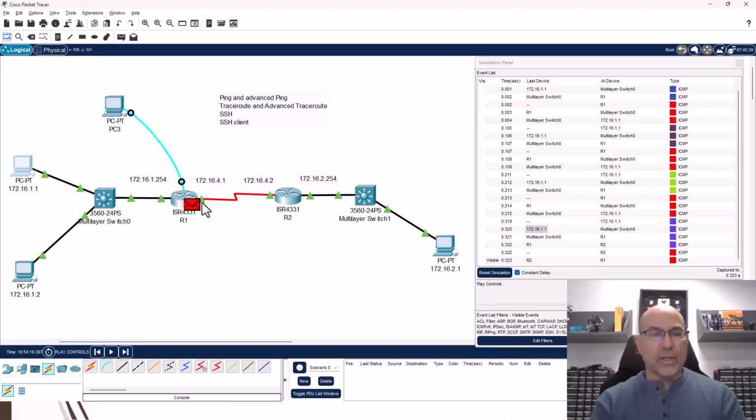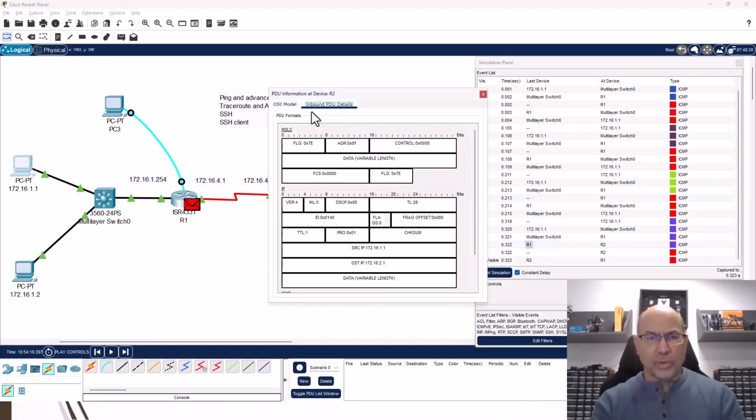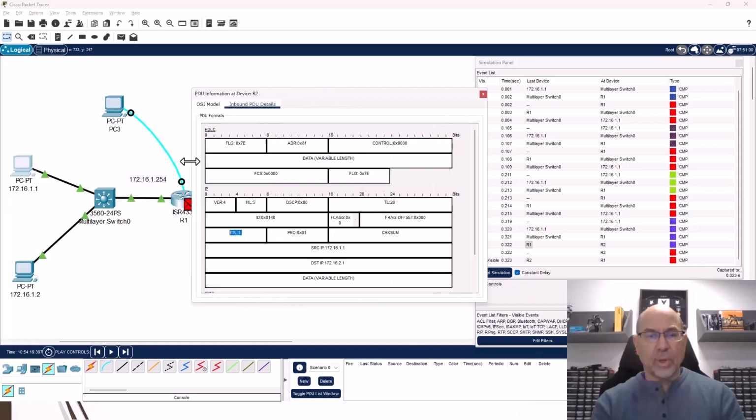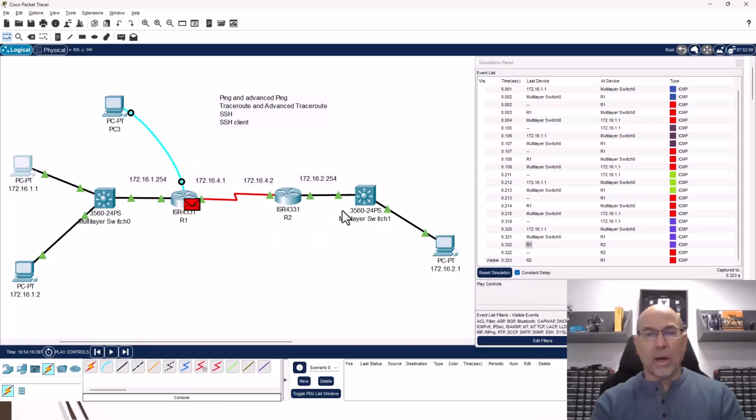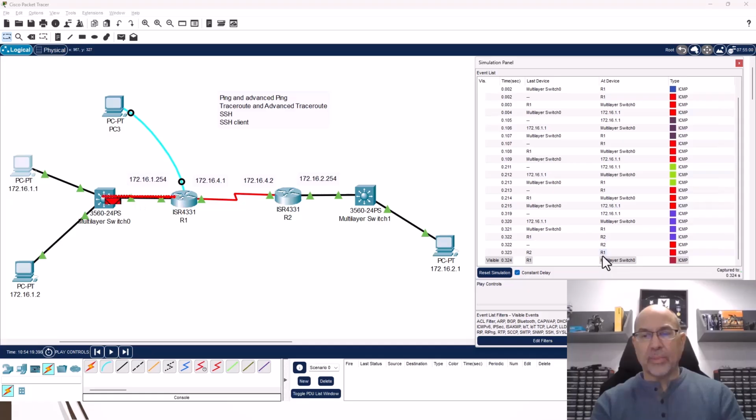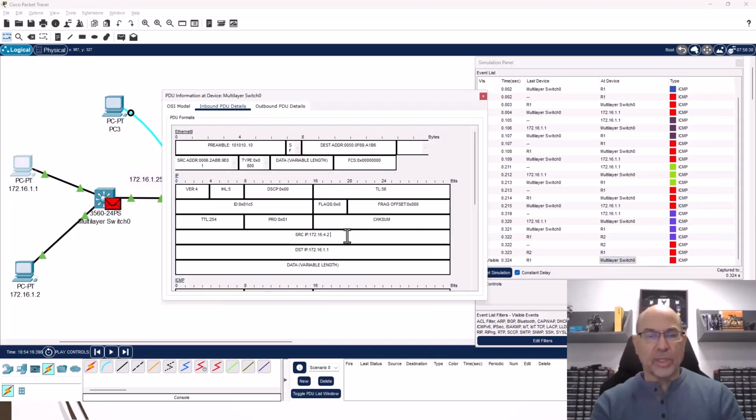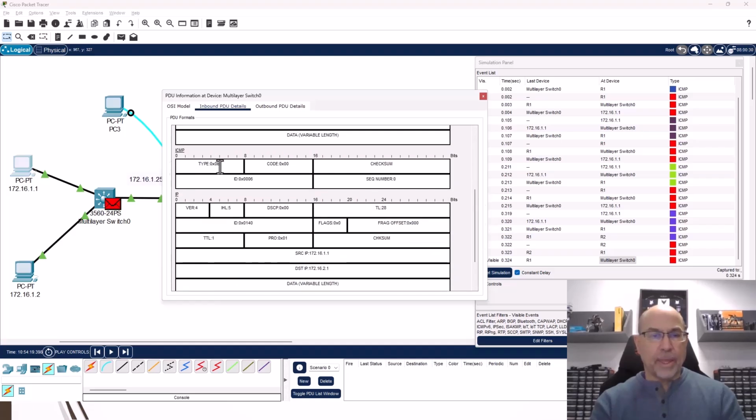So R1 decrements this by 1. And so the message that goes from R1 to R2 has a time to live of 1. Okay? And then R2 decrements this to 0 and sends the ICMP time exceeded message back. And we can see this comes from 4.2, and it is another time exceeded message.